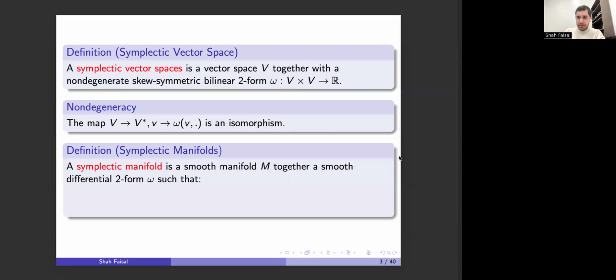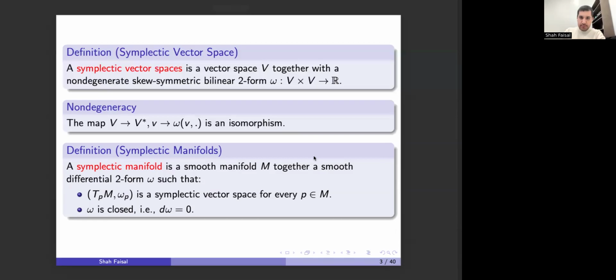And a symplectic manifold is a smooth manifold M together with a choice of differential two form omega such that the following hold. Each tangent vector space is a symplectic vector space with respect to omega p.